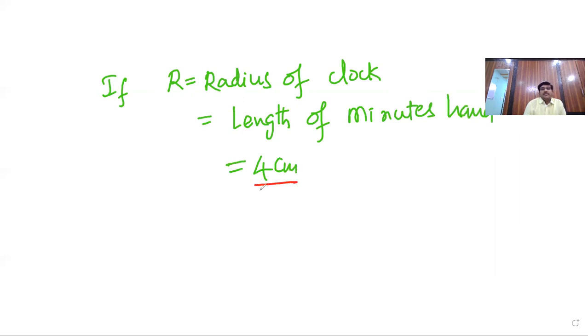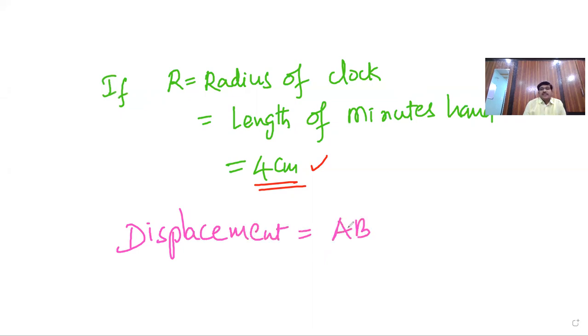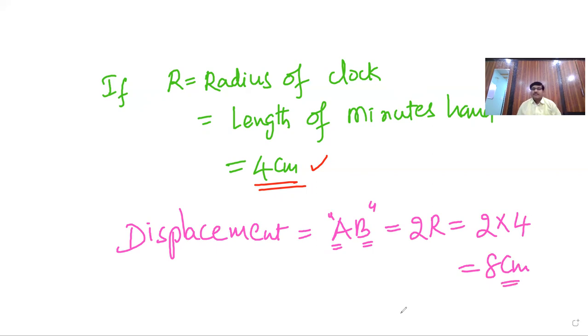So displacement is how much? Displacement is AB, shortest distance between initial point 12 mark to the 6:30 mark. By 6:30 it rotates 180 degrees. AB, the displacement, is 2R. So 2 into 4 centimeter, 8 centimeters. 8 centimeters is the displacement. Clear? Now observe.